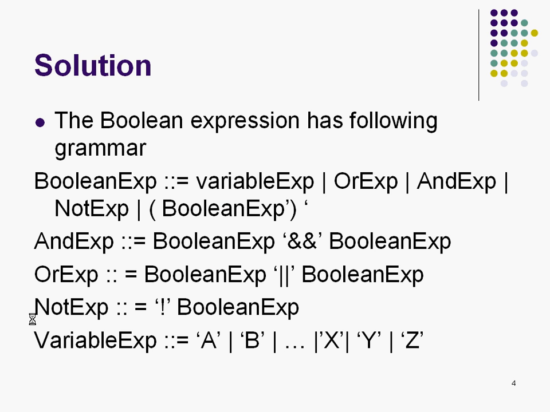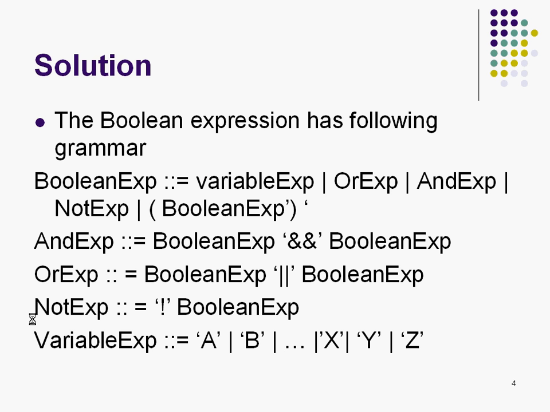A variable expression is a Boolean expression. And two Boolean expressions can be combined to form an AND expression. Two Boolean expressions can be ORed to form an OR expression. And a Boolean expression can have a negation which forms a NOT expression.